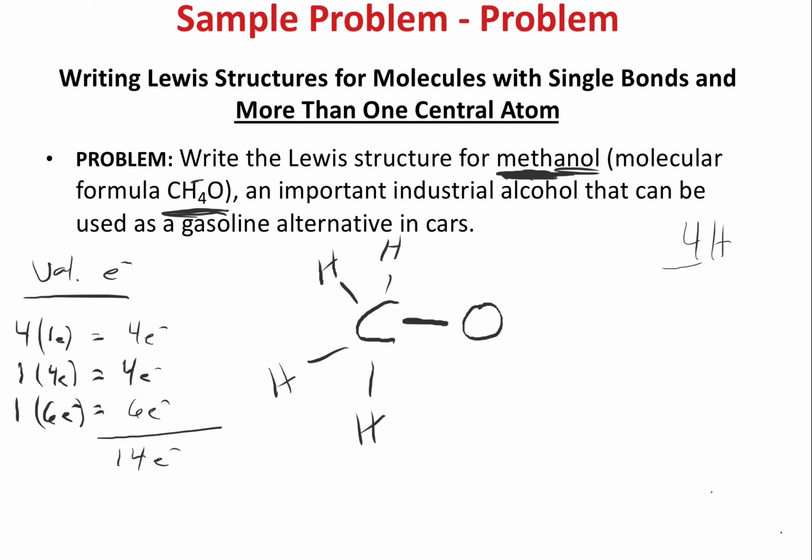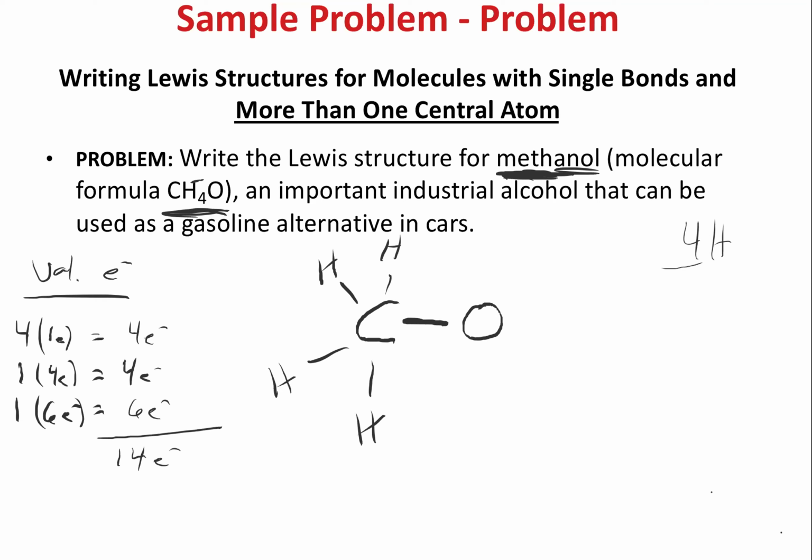That's not necessarily the correct answer or the best way to arrange the bonding pattern in this molecule, but I could write that. Now, if I did write that, how would I know that maybe this was not such a good idea? Any ideas on which of these principles that maybe I violated by writing this structure?